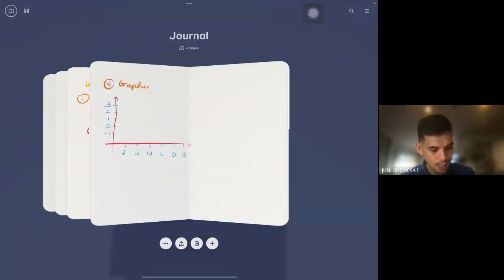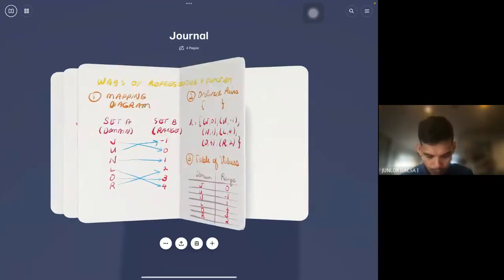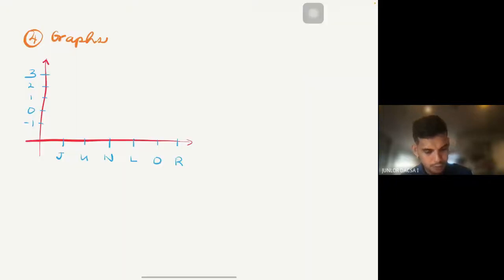Let us go back if we missed something. So we add 1 integer, which is 4. Okay. So let us plot.